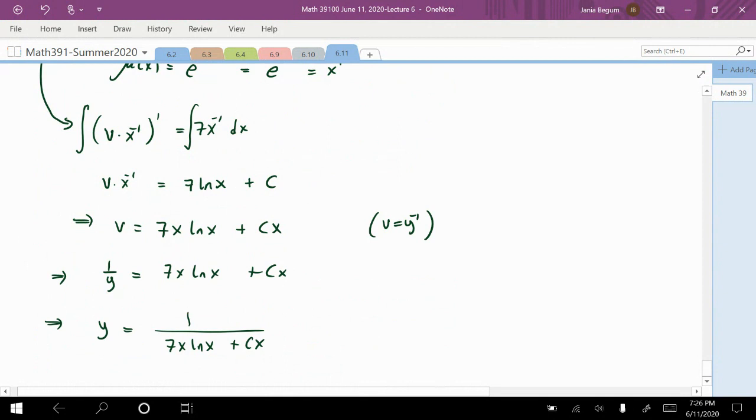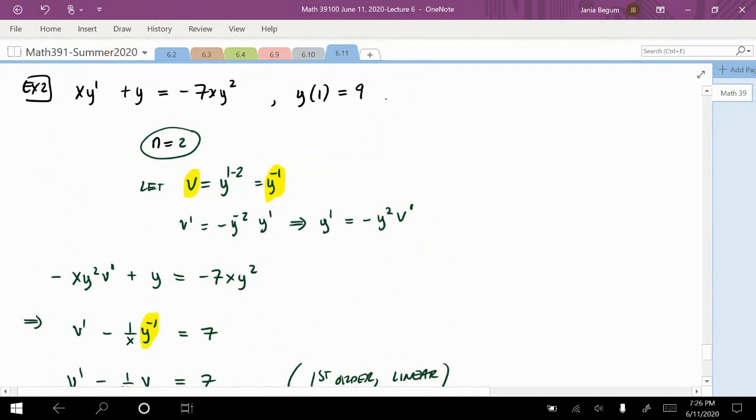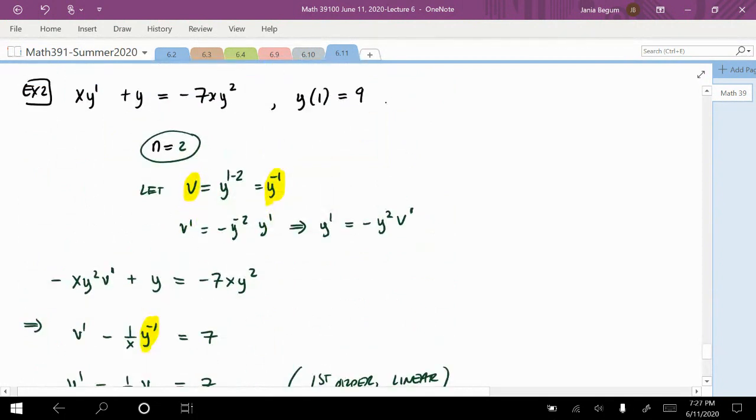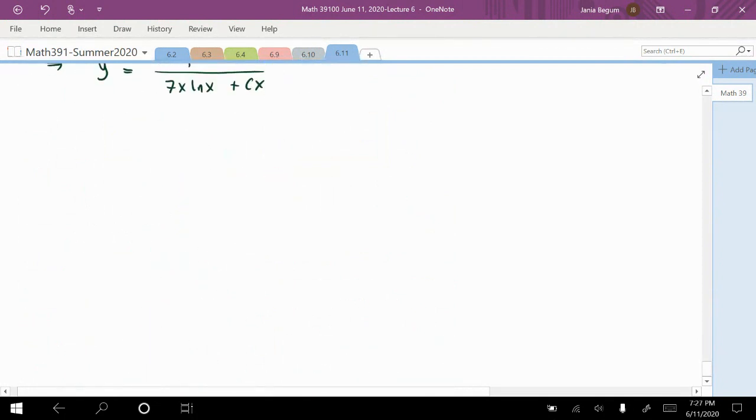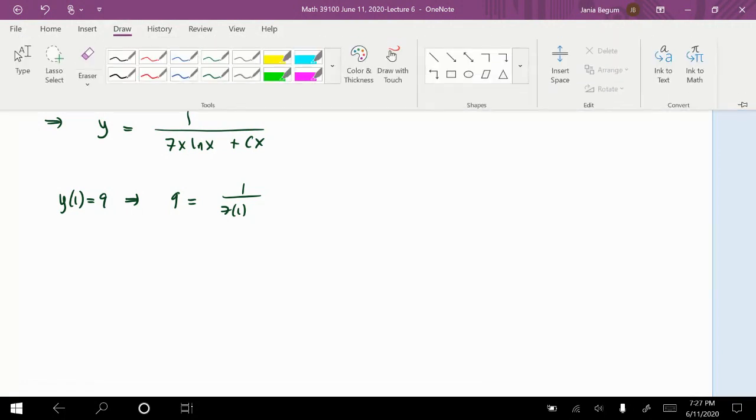So we successfully finished solving the equation, but this is an initial value problem, right? You have an initial condition, y of 1 is 9, so I'm going to plug that in. Y of 1 is 9, so that would give us 9 is equal to 1 over 7 times 1. ln of 1 is 0, so this term actually goes to 0.